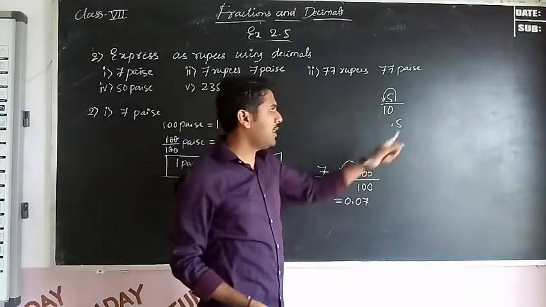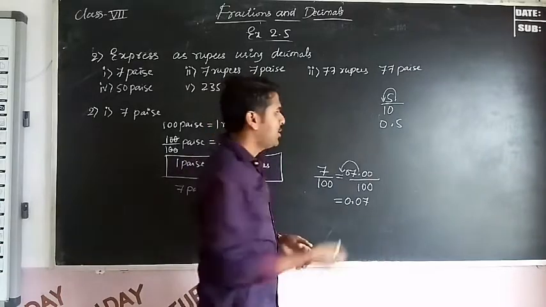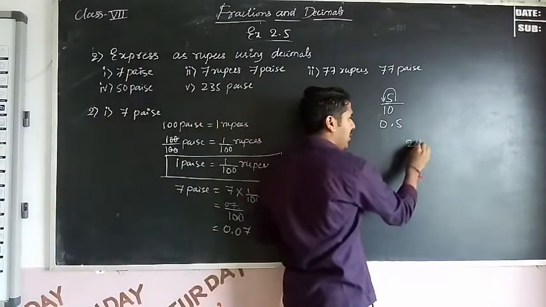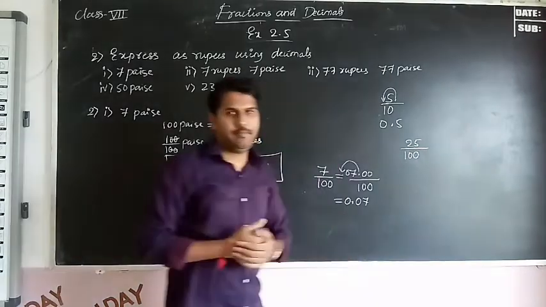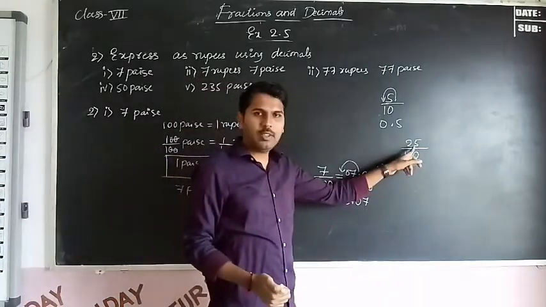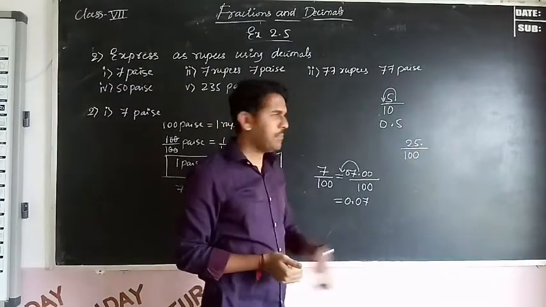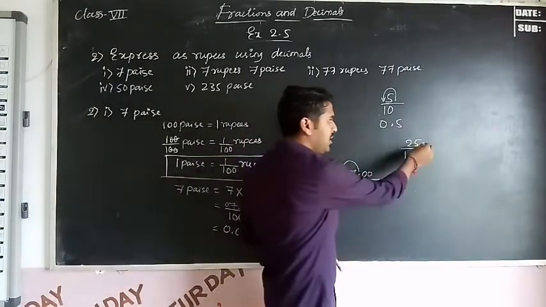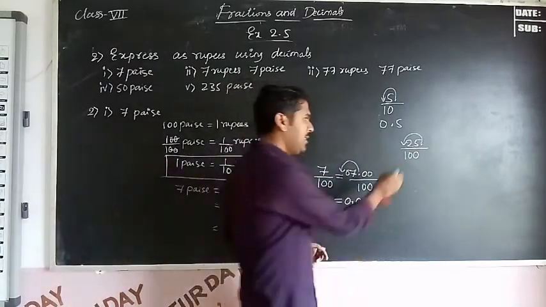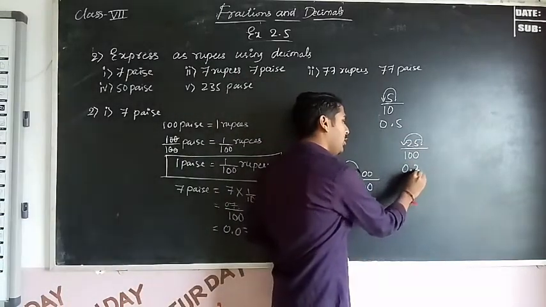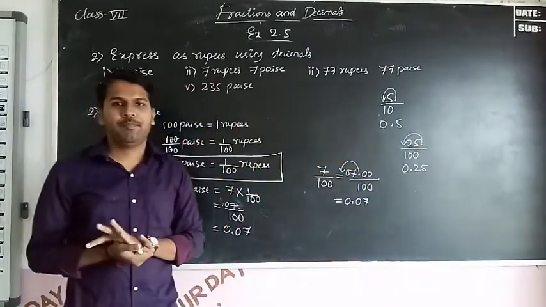Now this one, 25 by 100. Here this is 25, and this is a decimal point. Here 2 zeros means shifting towards the left side by how many places? 2 places. That means you will get the answer 0.25. Like this is the conversion.